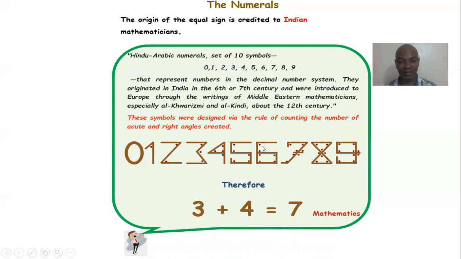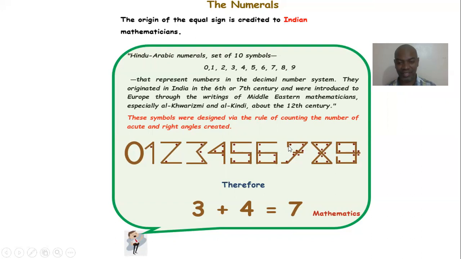Everything changes with time, but you can see the similarities to where it originated from. The 6 has become very rounded, but originally that's how it started: 1, 2, 3, 4, 5, 6 right angles. Or the 7, with 1 right angle and the rest acute: 1, 2, 3, 4, 5, 6, 7.